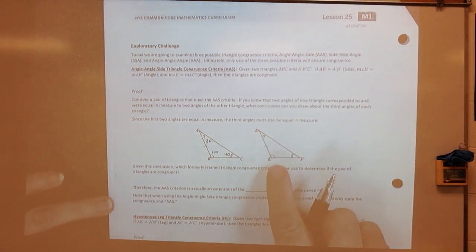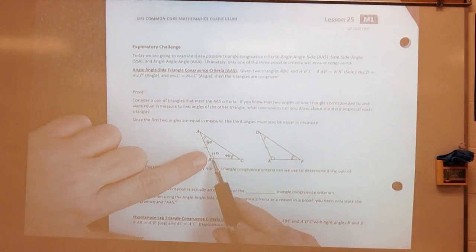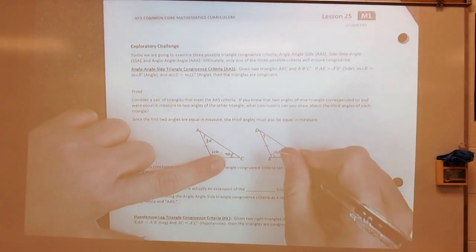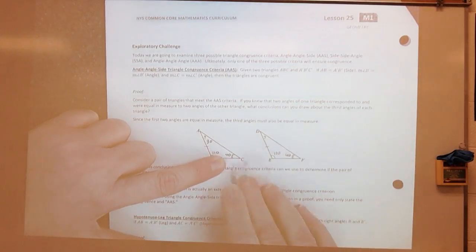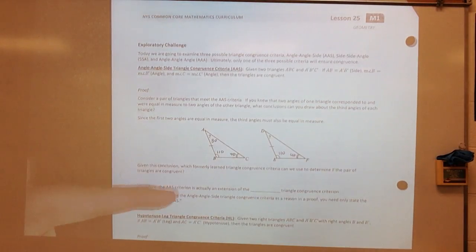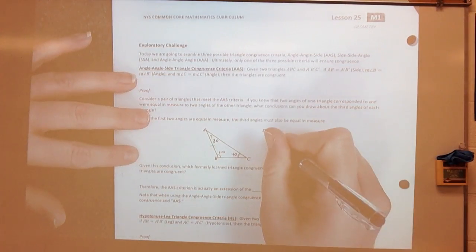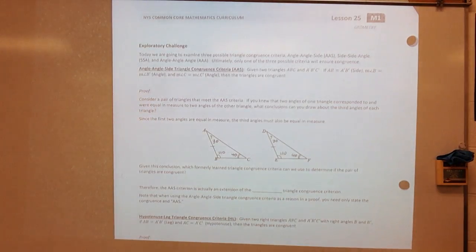We know that these two angles are equal, so this has to be 110, and this has to be 40 because they're equal. Then 110 plus 40 is 150, and 180 minus 150 means that has to be 30. Right here it tells us, and I don't know that these are the exact measures, I'm just using numbers to show you what this is saying.